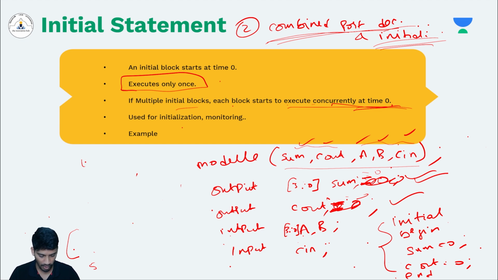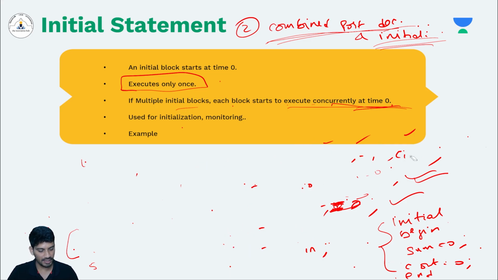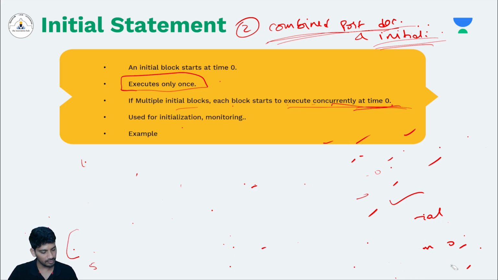There is one more way of defining the variables. The third method is called combined ANSI C declaration and initialization. So what does this do? In this second case, we have only defined the IO ports inside the module and we have declared them separately inside the module, right?